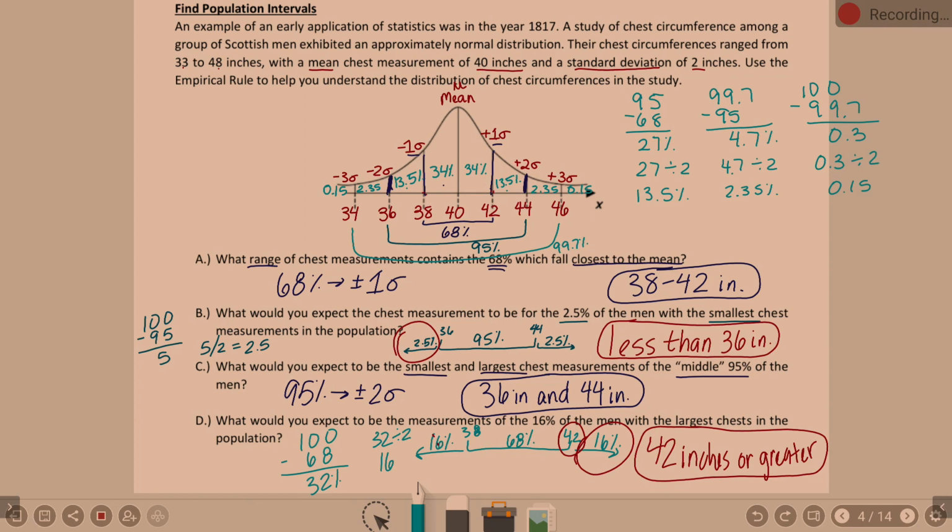Those are the 2.5% we talked about in example B. The 16, if you add 13 and a half, 2.35 and 0.15, it adds up to this 16% we talked about in example D. So these percents could add in multiple different ways and support everything we've just done. Okay?